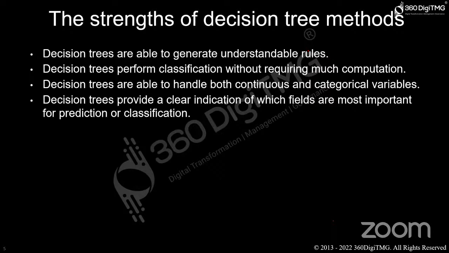Decision trees are able to handle both continuous and categorical variables. I showed you this on the first slide. And decision trees provide a clear indication of which fields are most important for prediction or classification. These are the strengths of your decision tree method.